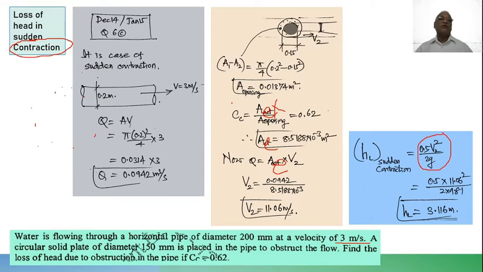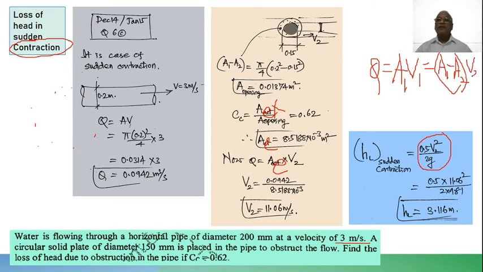Suppose in this problem, I tell you, CC is not given. In that case, you could have simply gone Q equal to A1 V1 first of all, and then A1 minus A2, the net area, multiplied by the velocity V2.